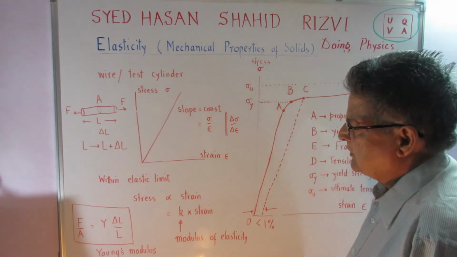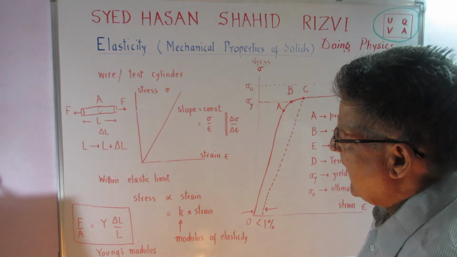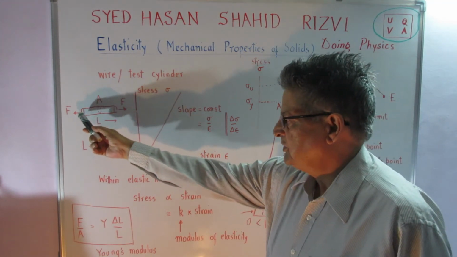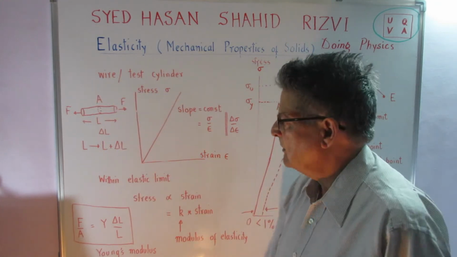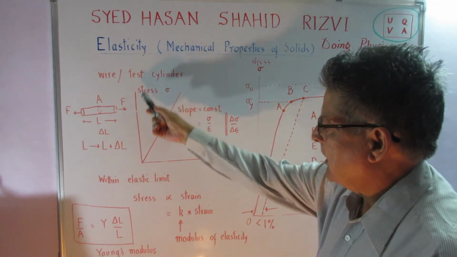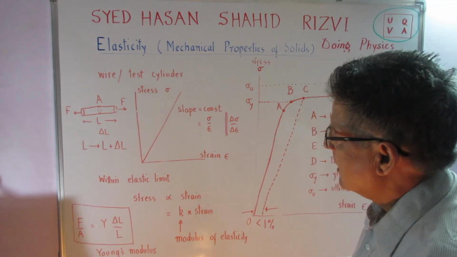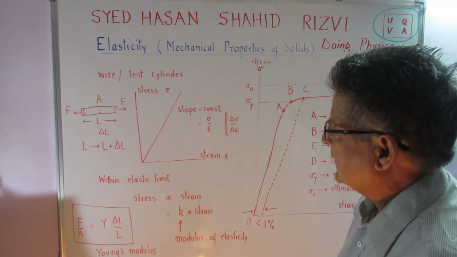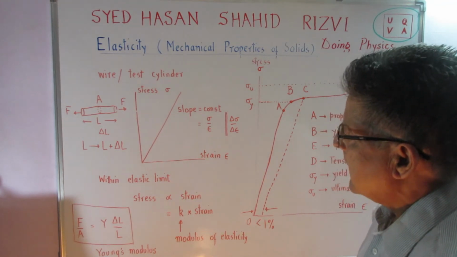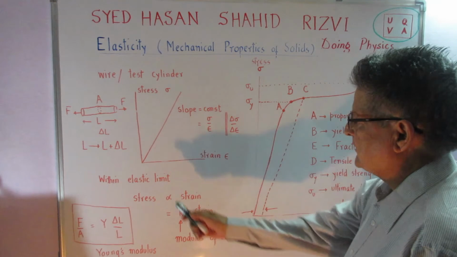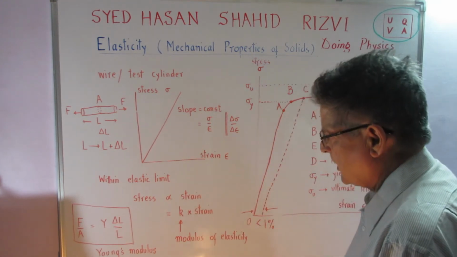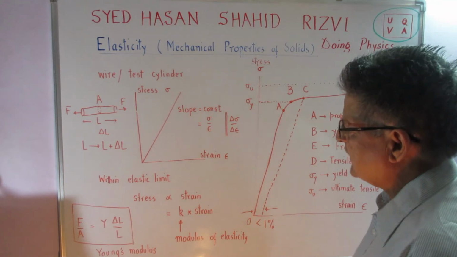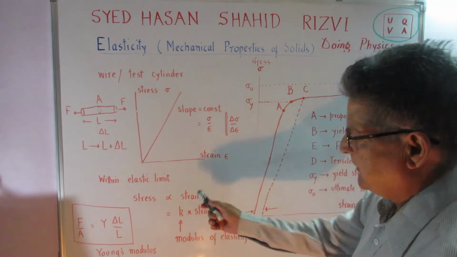Now in this system we have the stress, which is the restoring force per unit area, which we take on the y-axis. Stress is shown by the Greek letter sigma, and on the x-axis we take the strain, and we find that stress is proportional to strain.